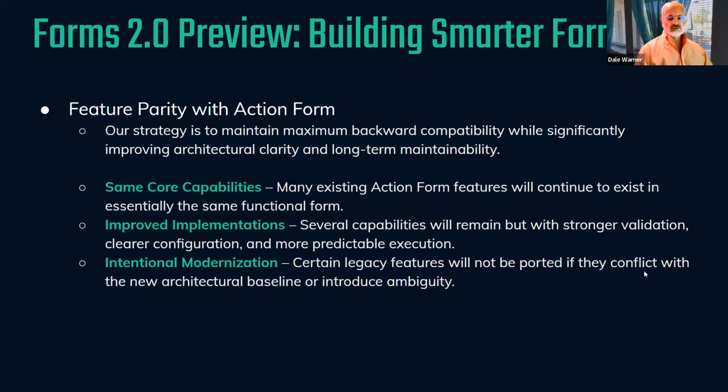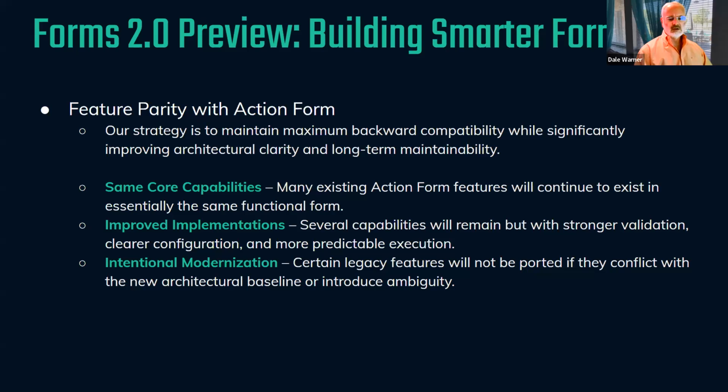Now, feature parity with Action Form. Action Form is the existing functionality, and we want Forms 2.0 to be as backward compatible as possible, and yet improve the capabilities that we're bringing to you. So our goal is that it has the same core capabilities, and many of the Action Form features will continue to exist essentially the same way in Forms 2.0.